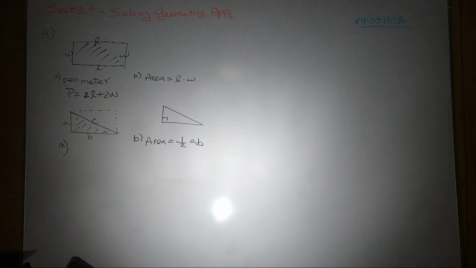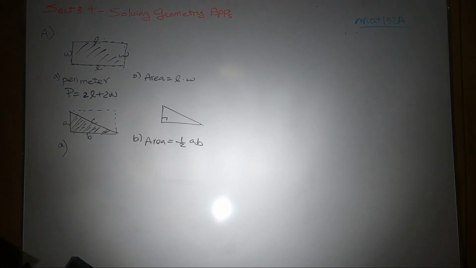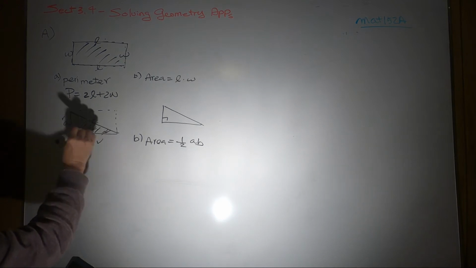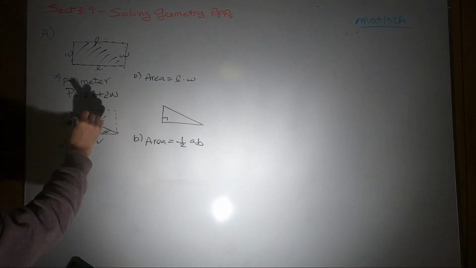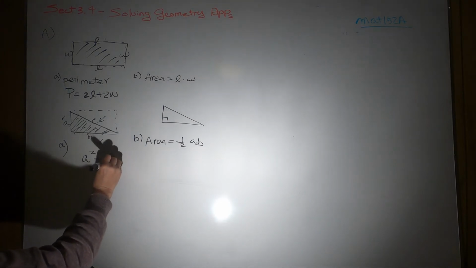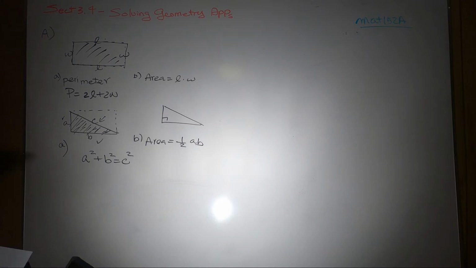This guy Pythagoras discovered that for any right triangle, you have two sides, and this one is called the hypotenuse. So a squared plus b squared equals c squared. This is the ever famous Pythagorean theorem.